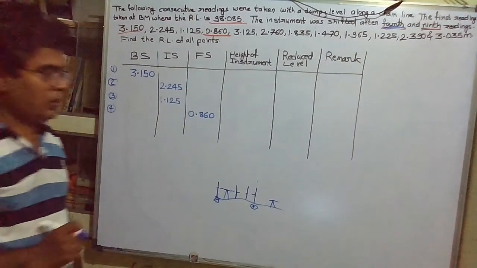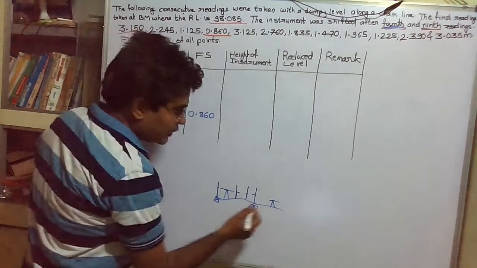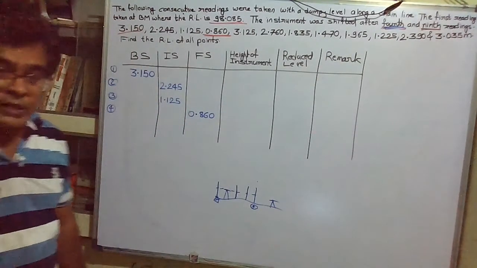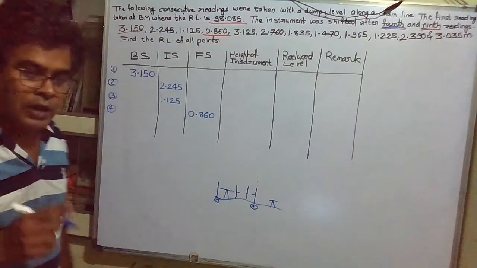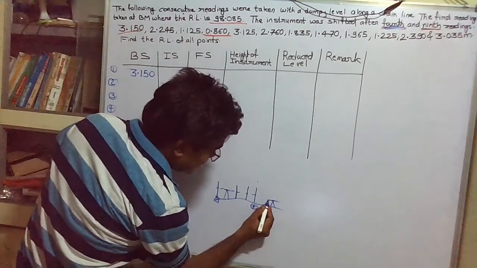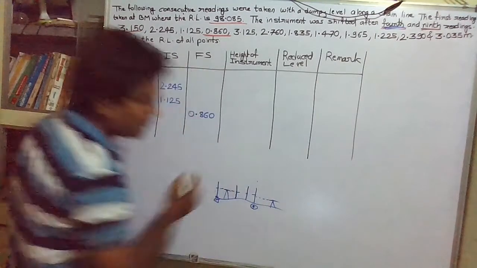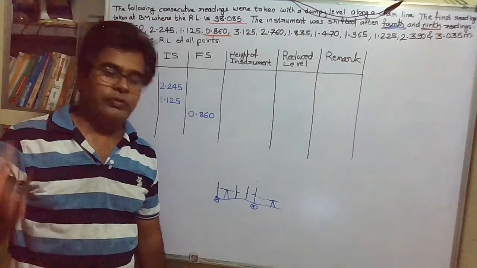Then what is the procedure of shifting the instrument? We will shift the instrument, but we don't shift the staff. After shifting the instrument, we take the backsight reading on the same staff where we took the foresight reading.